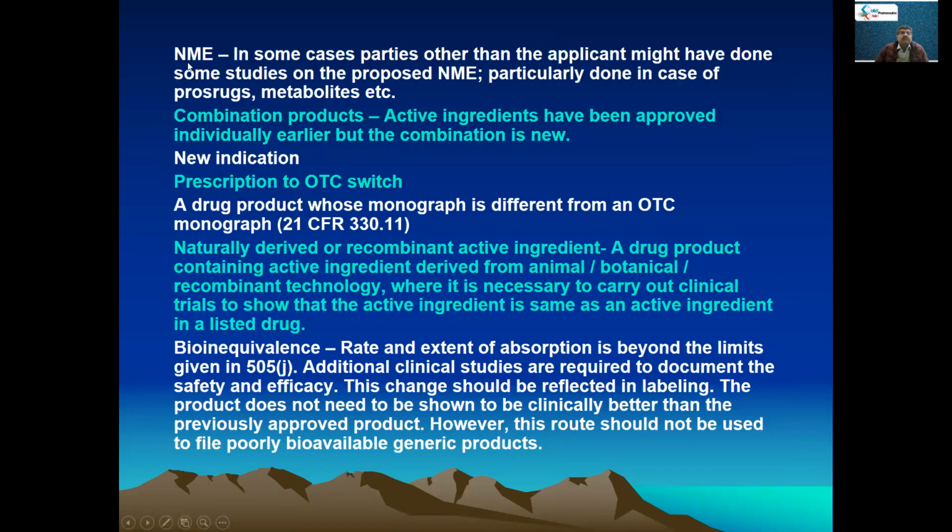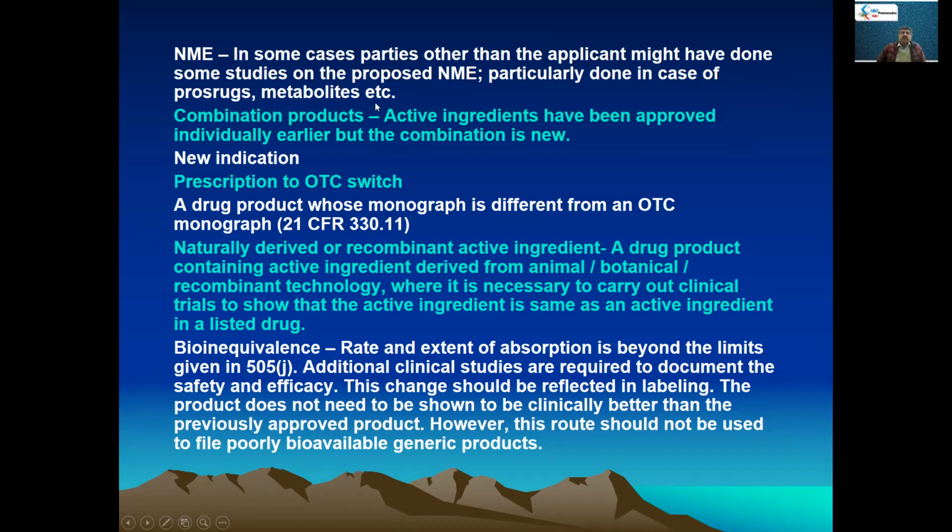The other example includes new molecular entities. In some cases, parties other than the applicant might have done some studies on the proposed new molecular entity. This is particularly done in the case of prodrugs and metabolites.